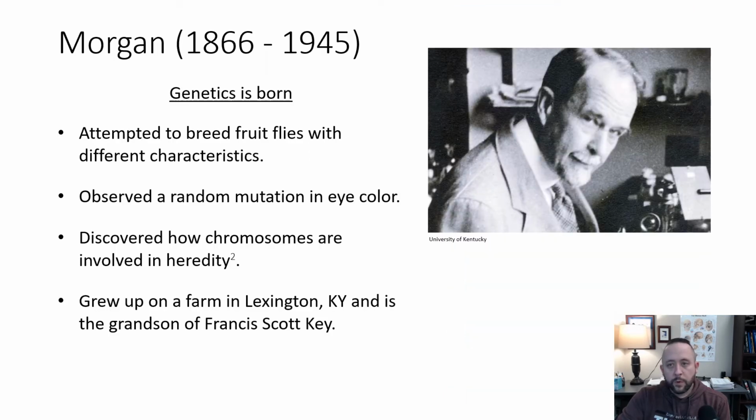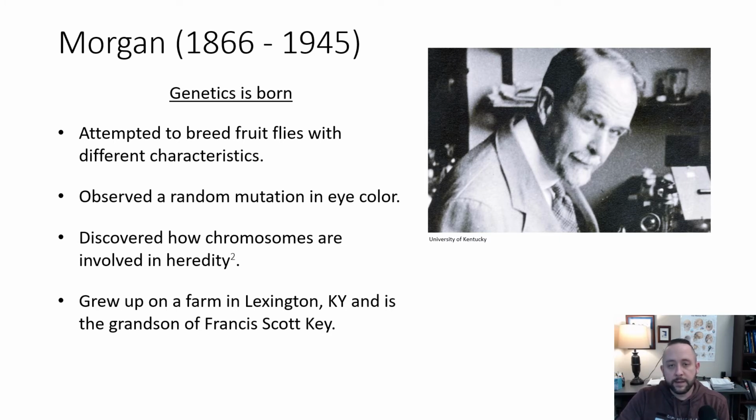Then came along Morgan, who, I know I'm skipping over a lot of people that made a lot of discoveries in here, but from my research, this is kind of the point where genetics was born. He was doing genetic experiments on fruit flies, which he won the Nobel Prize for. And one day he realized a single male with white eyes out of the thousands he had bred with red.